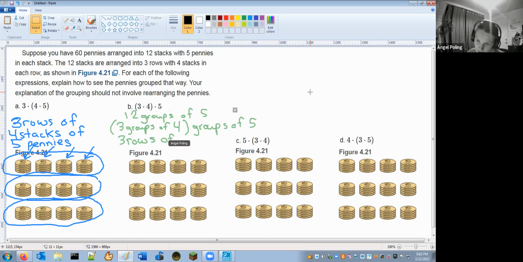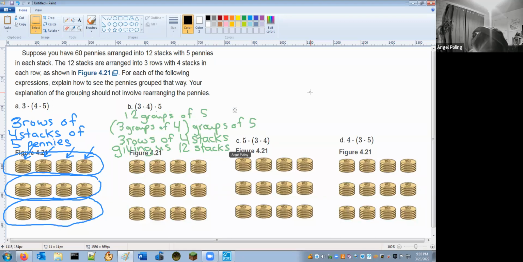How am I wording this differently? It's almost worded the same. 3 rows of 4 stacks, giving us 12 stacks.